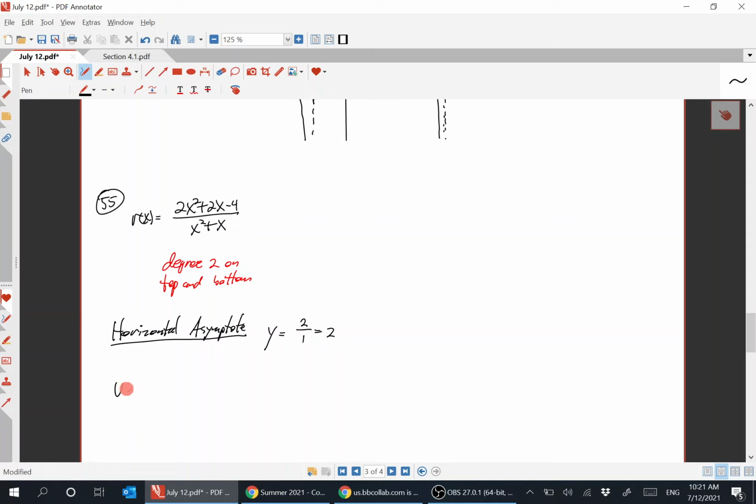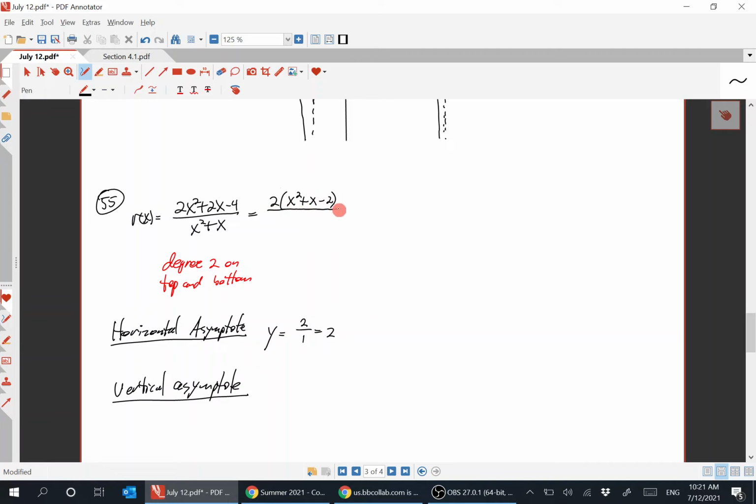So horizontal asymptotes, vertical asymptotes. To start talking about vertical asymptotes, we need to factor the top and the bottom of this function. On the top, does that factor? Let's see, 2x squared plus 2x minus 4. Let's factor out a 2: x squared plus x minus 2.